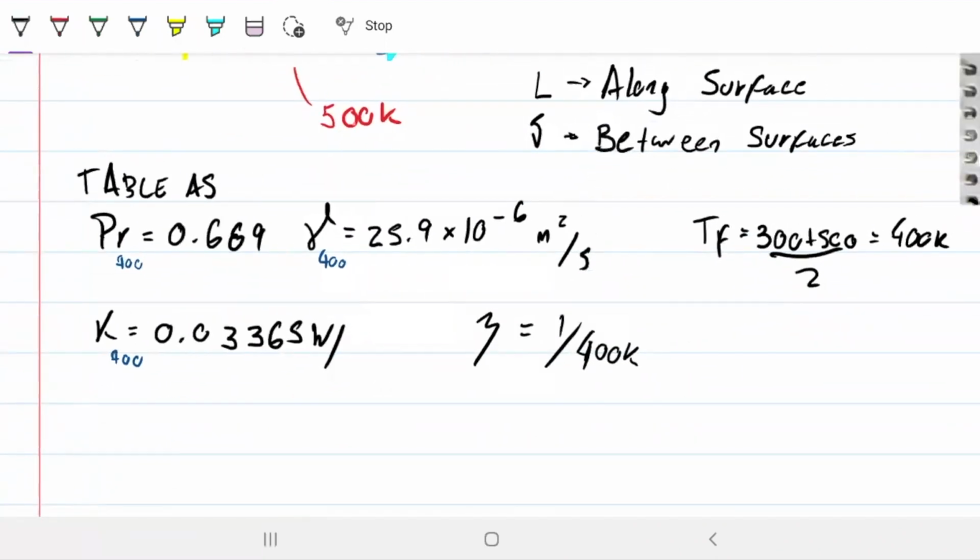Note that I grabbed the properties to calculate our Grashof number, just like before. Also note that we have an ideal gas. Again, we have air, so we can use beta as 1 over 400, as opposed to using the big chunk from the right part of the table.